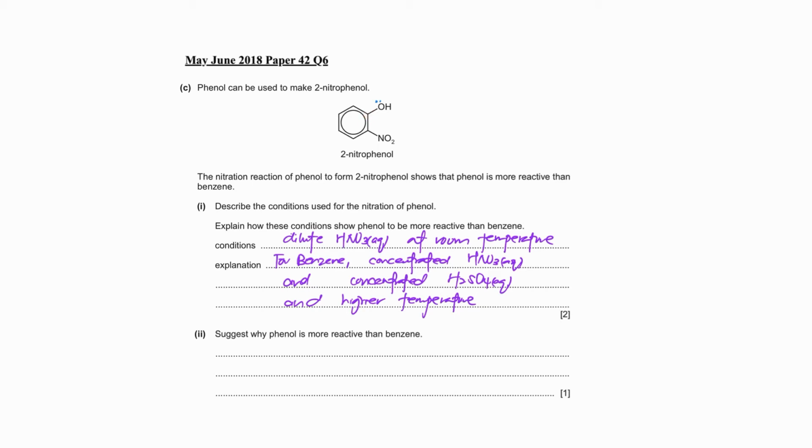The lone pair here will delocalize over the ring. This shows that OH is an electron donating group, donating electrons to the ring, causing the ring to have more electrons. So it is more reactive towards electrophiles in electrophilic substitution.